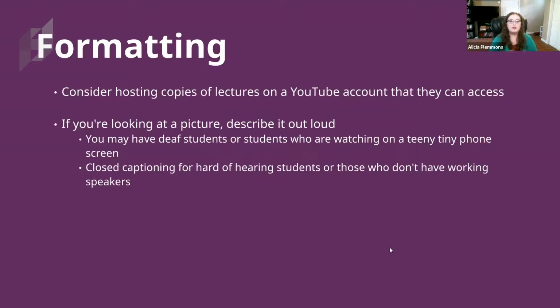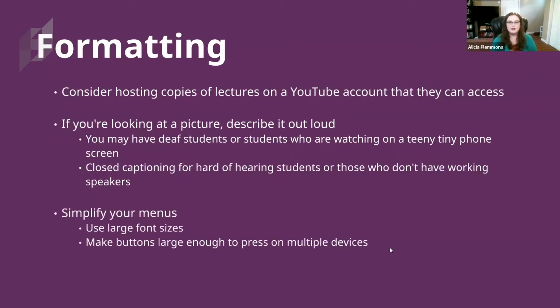In those situations, you need to at least have something that indicates what we're looking at, so that they have some sort of descriptor, because now that we're moving to an online format, they're not forced to see everything on a big board in front of them. It might instead be on a 4-inch phone. So you need to describe the pictures that you're looking at and consider having closed captioning so that you can be ADA compliant. And I will give links to every single bit of this so that you're able to help build these course structures for yourself.